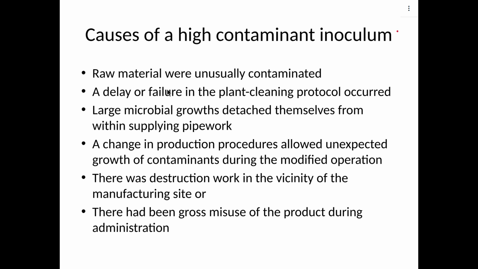The machines have been cleaned, okay, and QA has approved starting a new product, okay. That is the process involved with line clearance, okay. So should you get a scenario whereby you have a delay or failure in plant cleaning and protocol, then it may actually encourage high contamination.